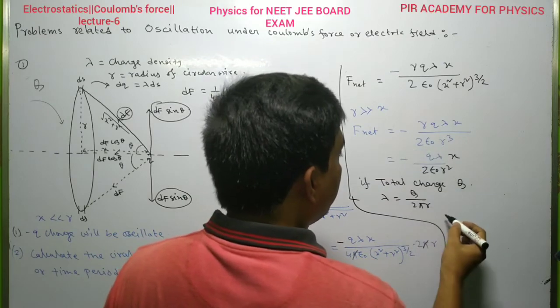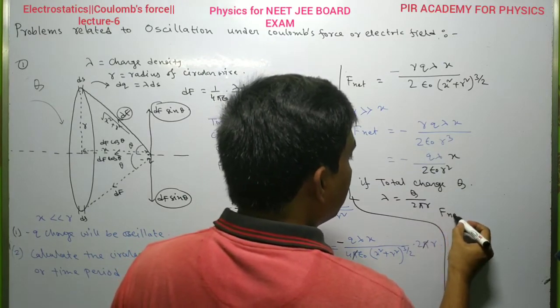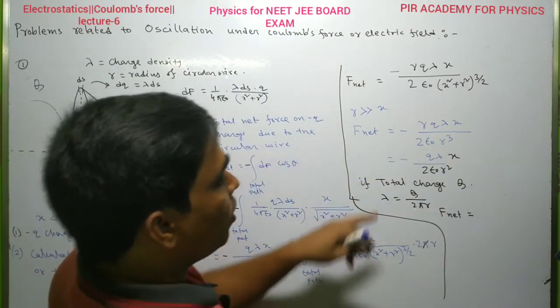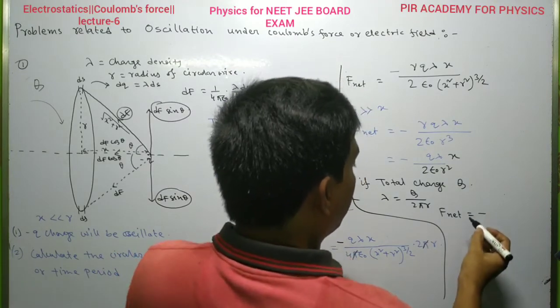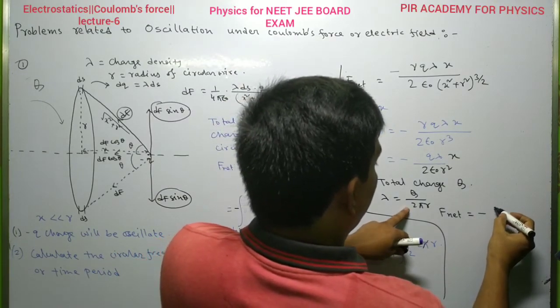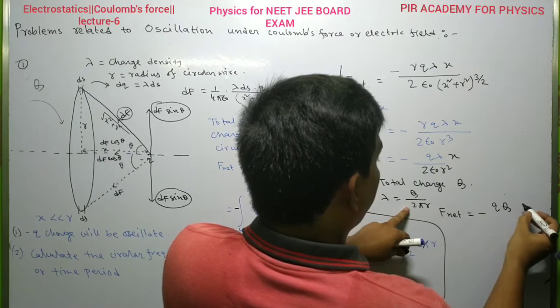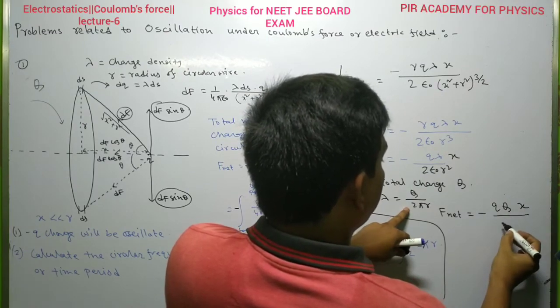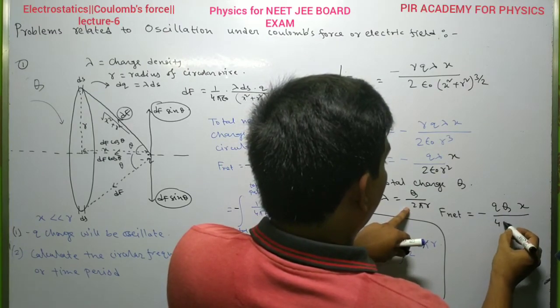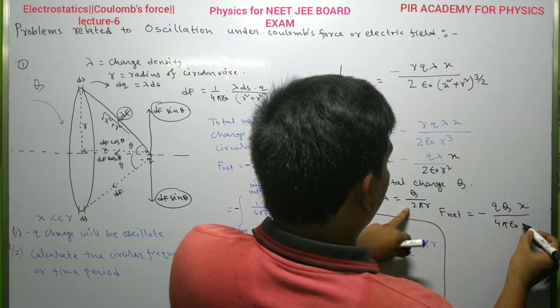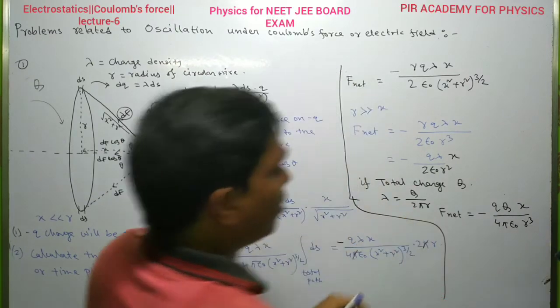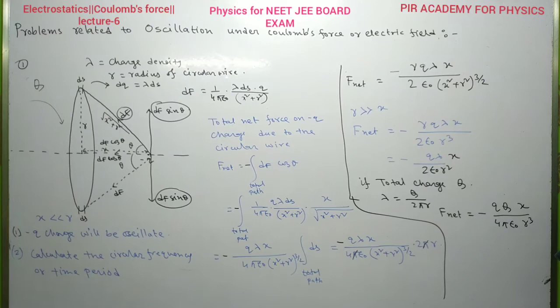Then if I put this value, F net will be minus q x divided by 4 pi epsilon naught r cube times q. This is the total net force.